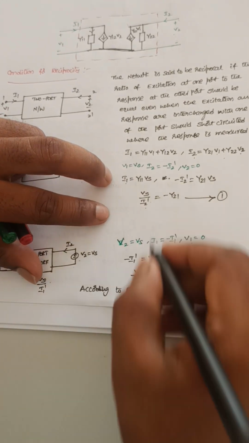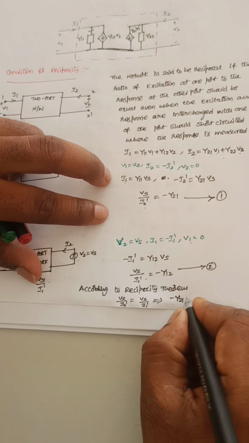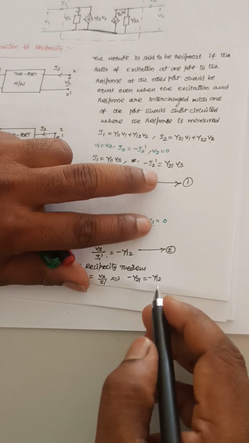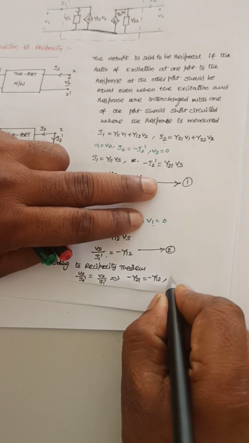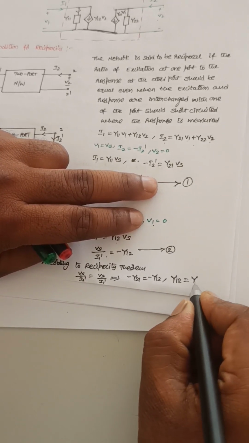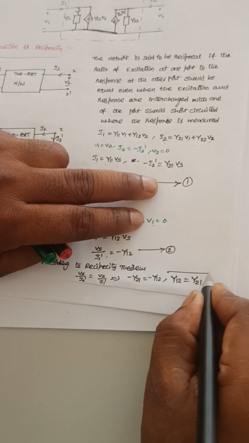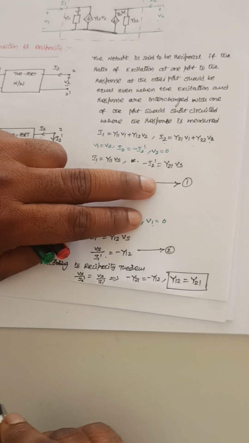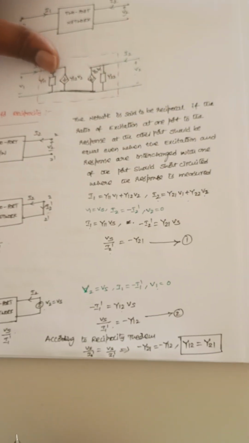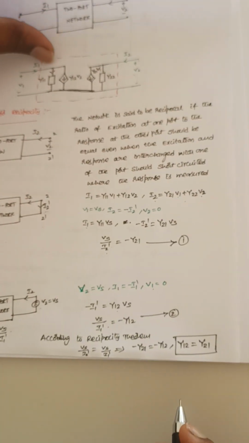So if I equate these, minus Y21 is equal to minus Y12. This minus and this minus will get cancelled. So finally the condition for reciprocity is Y12 is equal to Y21. This is the condition for the networks which are reciprocal.